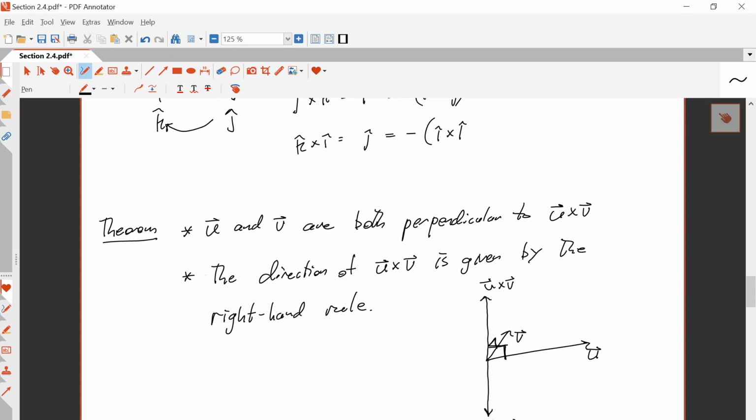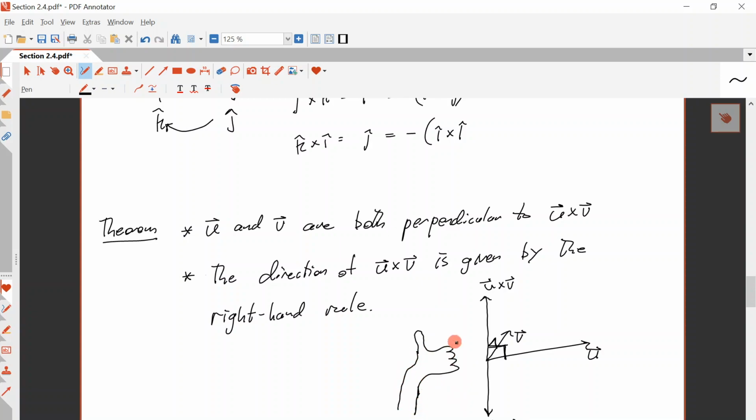So then V cross U is in the opposite direction. I curl my fingers in the direction from V to U. And then, try to draw that. 1, 2, 3, 4. And then here's my thumb. And there's my wrist.